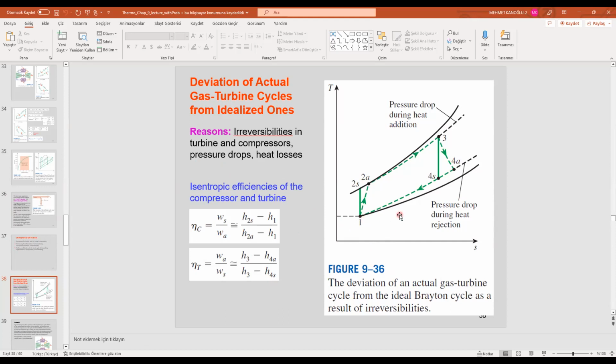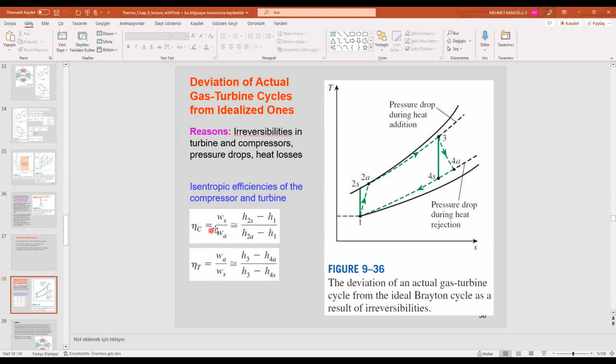One of the main differences between the actual and ideal cycle is the compression process in the compressor and expansion process in the turbine. In the ideal cycle, we assume it is reversible and adiabatic, so isentropic, but in an actual cycle, it is not really isentropic. So this deviation from the ideal behavior can be accounted for by using isentropic efficiency of the compressor and isentropic efficiency of the turbine.